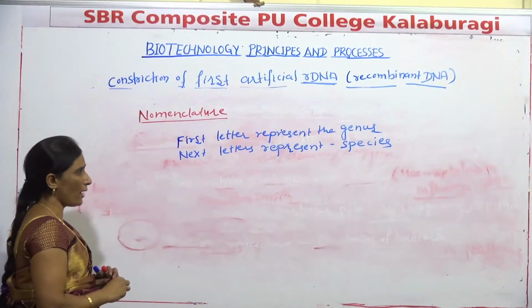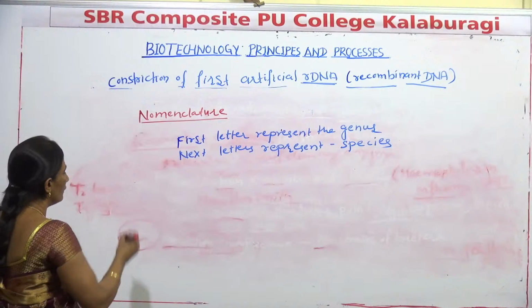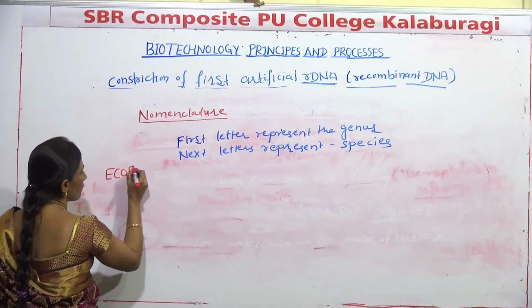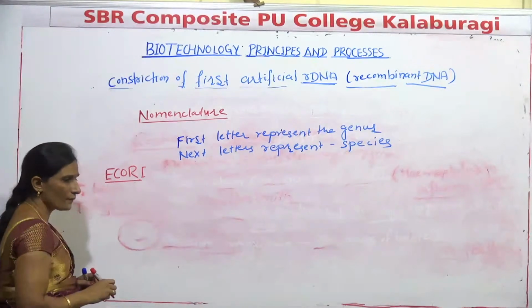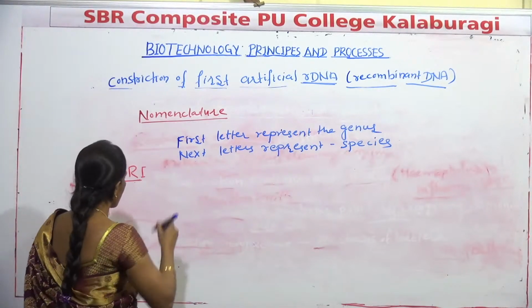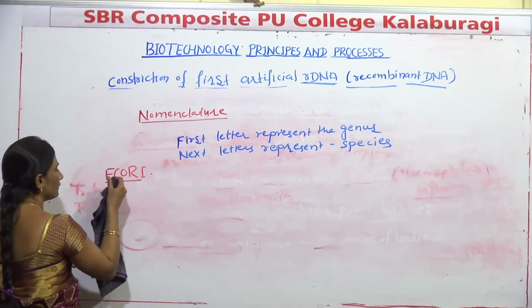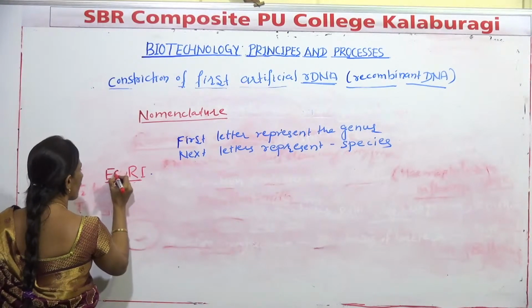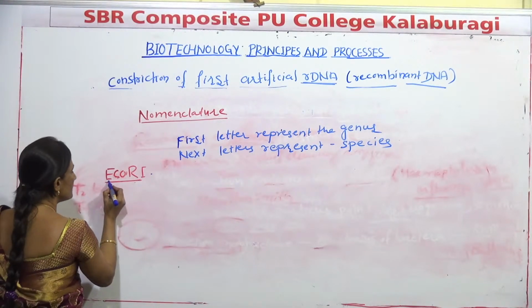For example, you have to take one more example besides HindII. The example is EcoRI. Here, E is what? E is the genus.